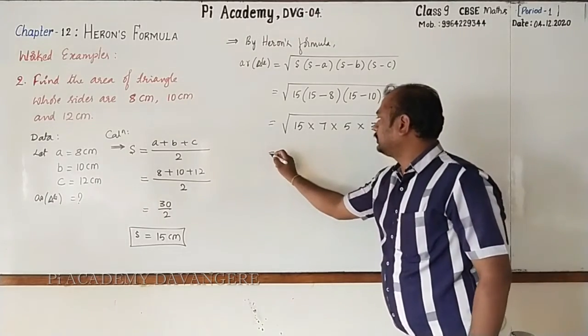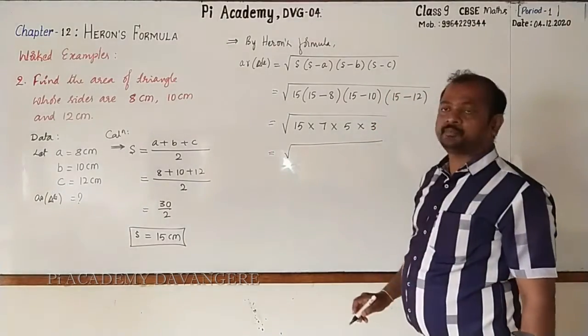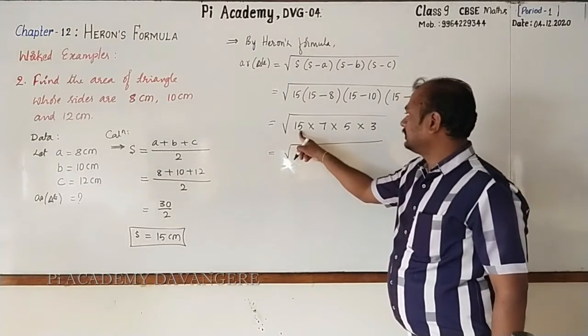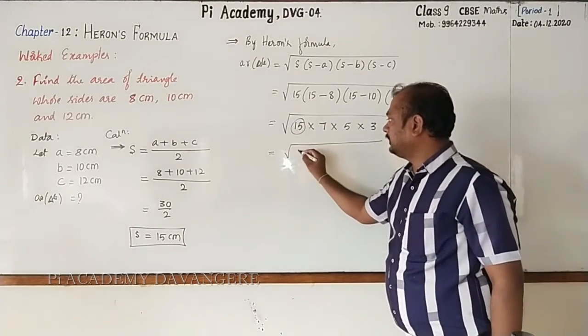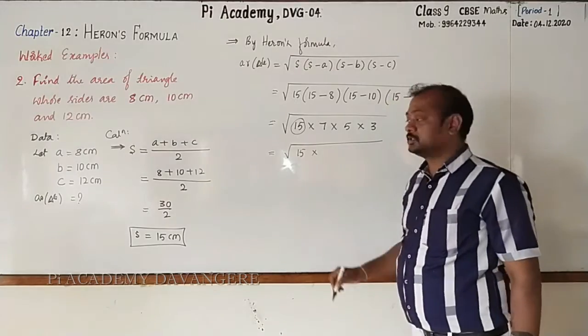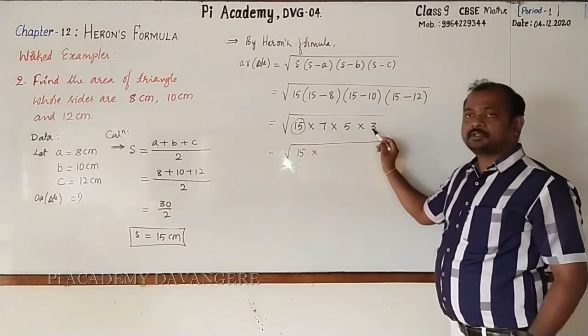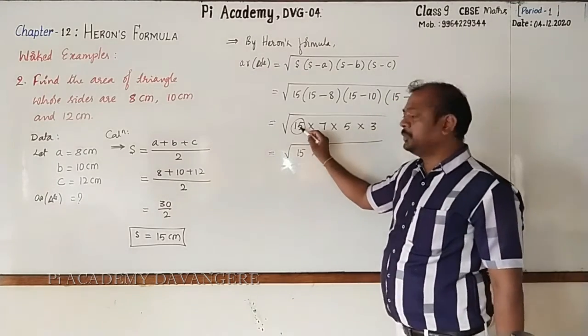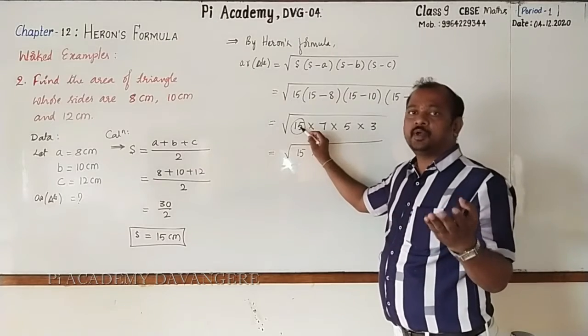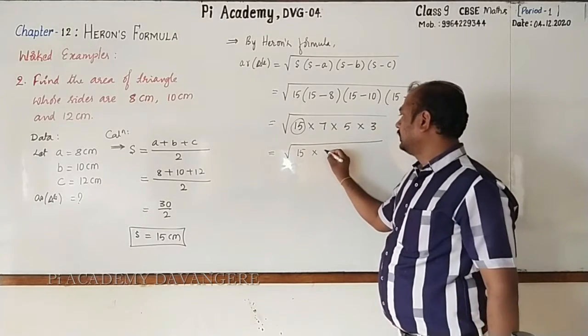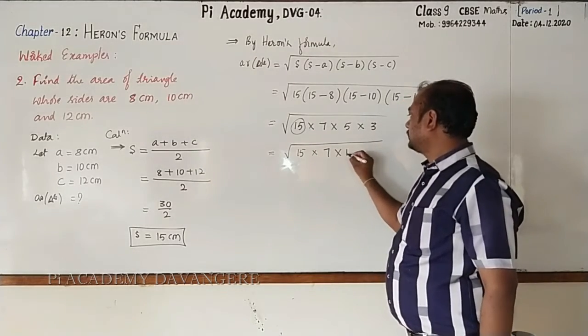This is equal to square root of, here 15 is there. Observe. Let me write this 15 as it is because here 5 3 is 15. Or else you may also write 15 as 5 into 3. However you want. It is 7 into 5 3 is 15.